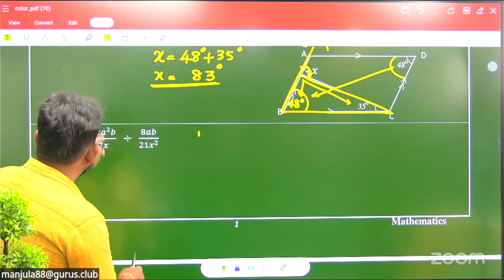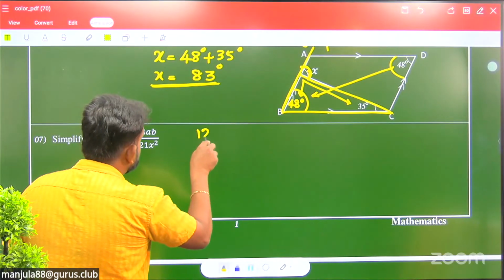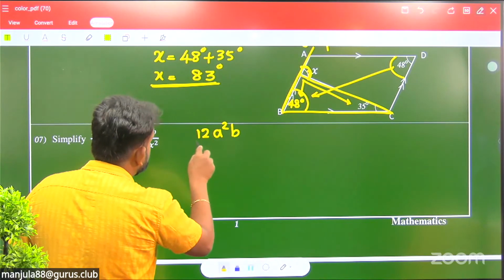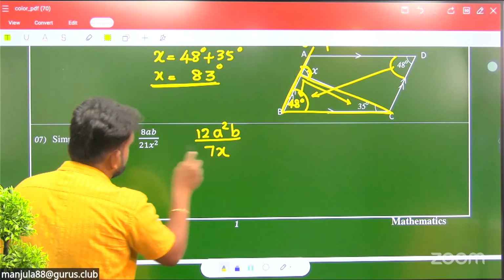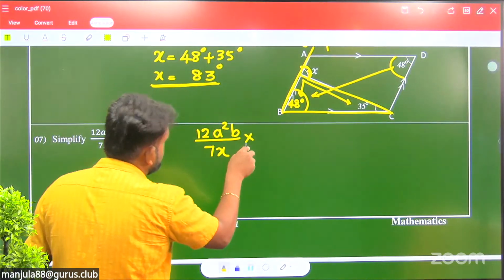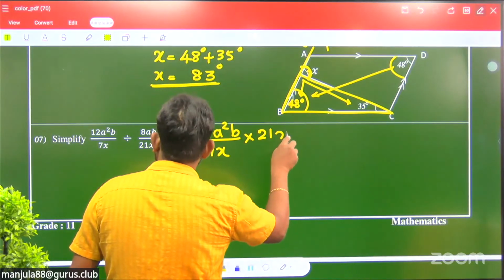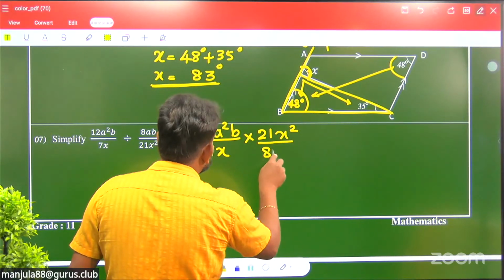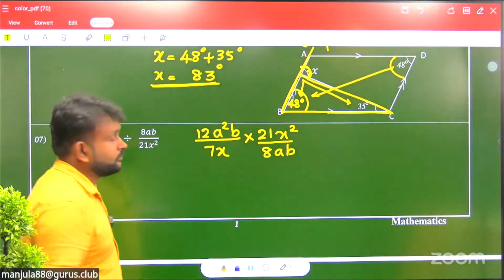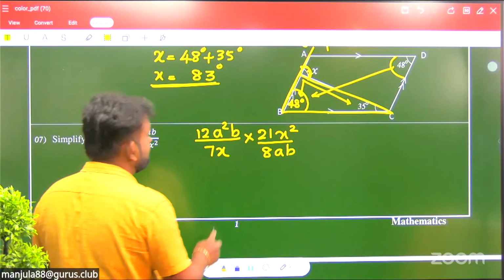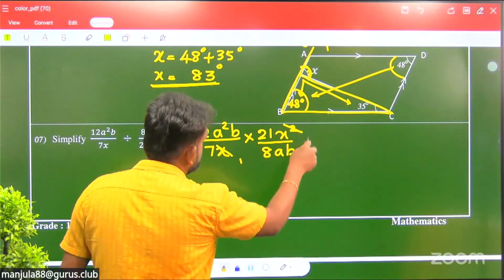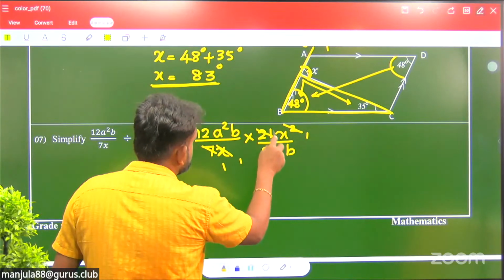The first one as it is, you write 12a squared b divided by 7x. Then division converts to multiplication and take the reciprocal, so it comes as 21x squared upon 8ab. Now you can simplify. Here x and x can be simplified, 7 1, 7 3.